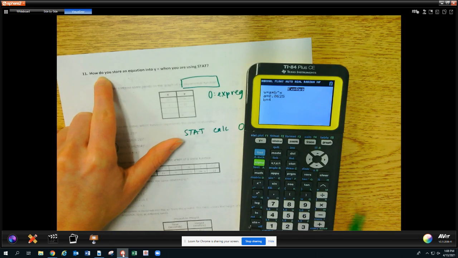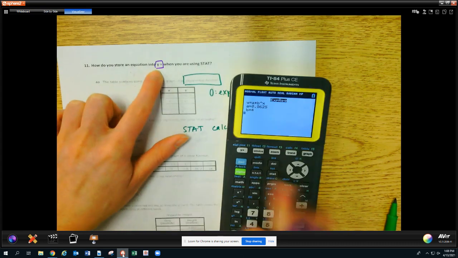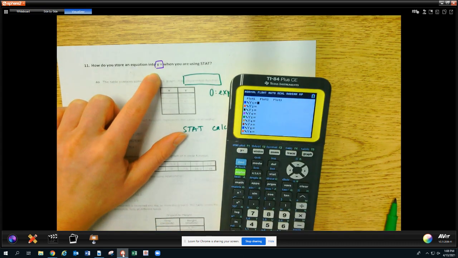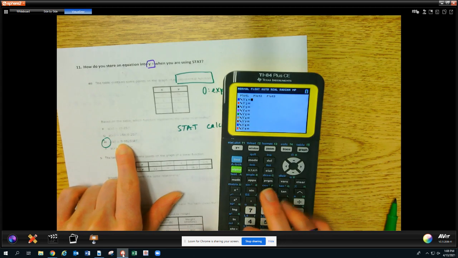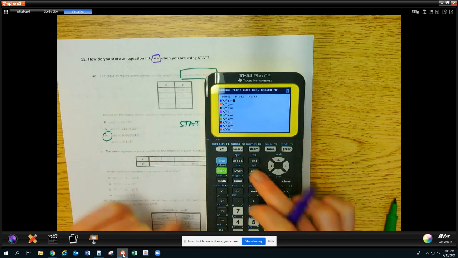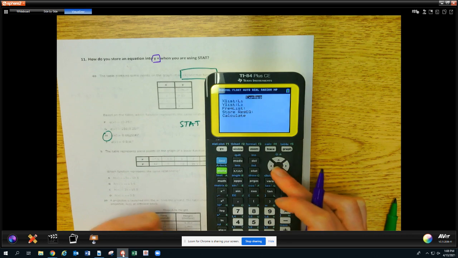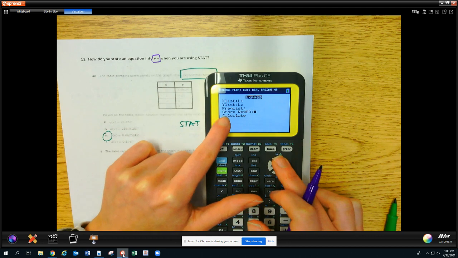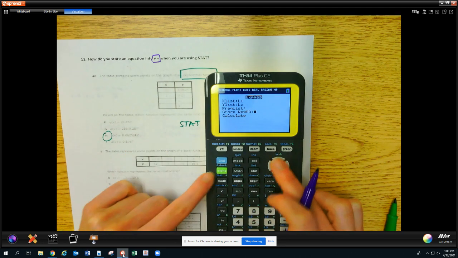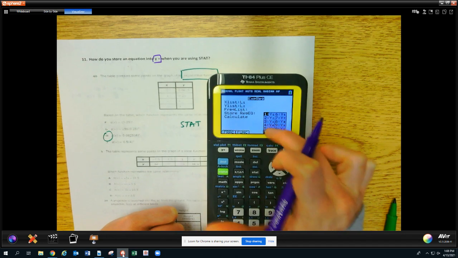Okay, I forgot to answer number 11. It says, how do you store an equation into y equals? Okay, and so in y equals, I've got nothing in there. If I wanted it to put this equation in there for me so I don't have to type it, you're going to do stat calc 0 again. But before you get to calculate, stop at store regression equation and press alpha trace. And then choose where you want it.